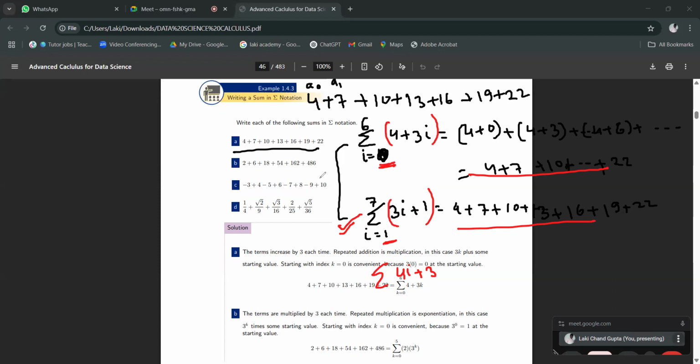You can think whatever way is possible, but the result will be the same.